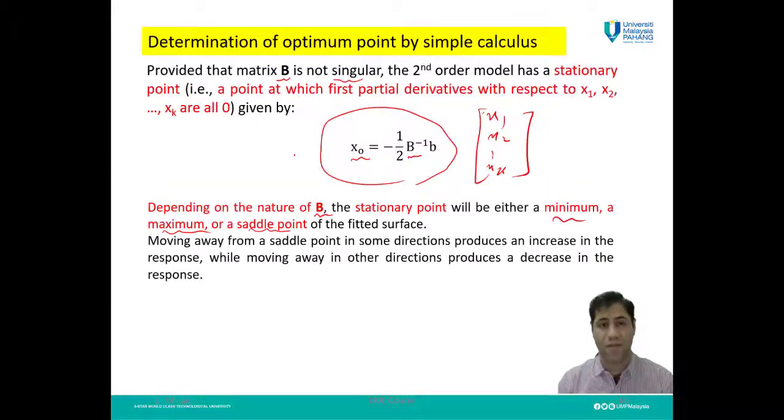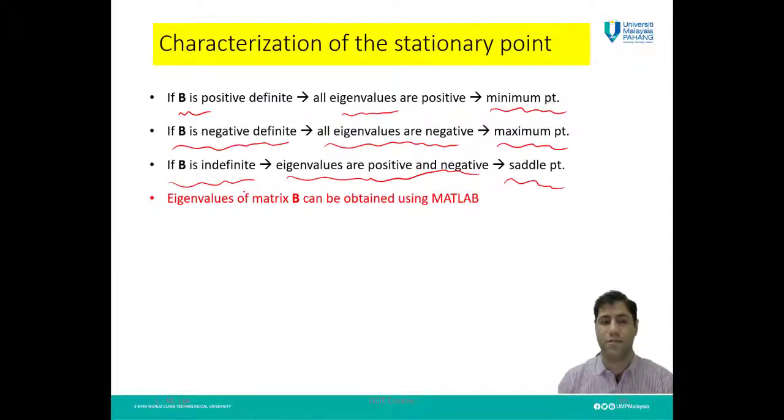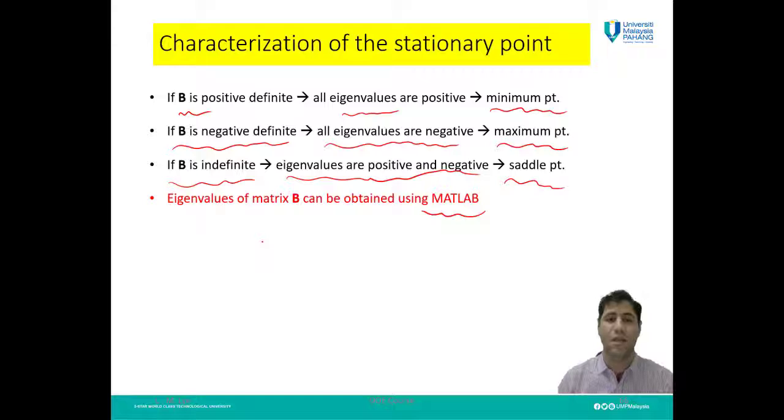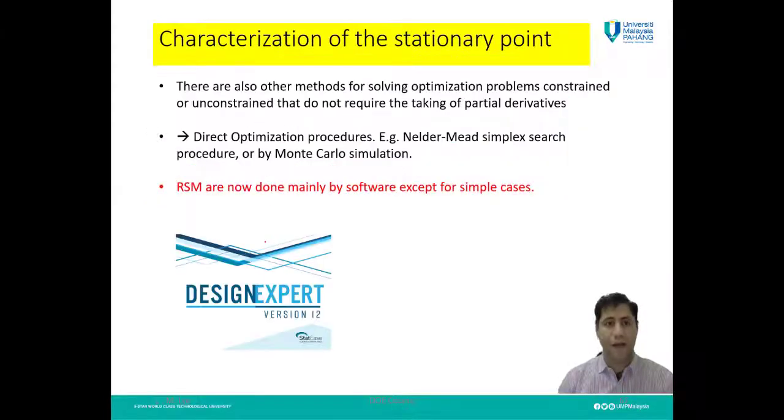All of this process, finding these x's, finding the optimum point for different factors, can be done by MATLAB software or other software which we usually use for mathematical calculation, like what we have here. This is the process which also occurs during the optimization process in the software.